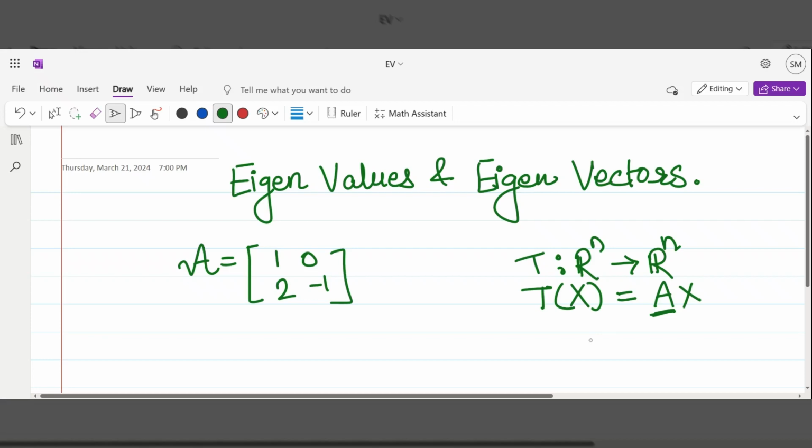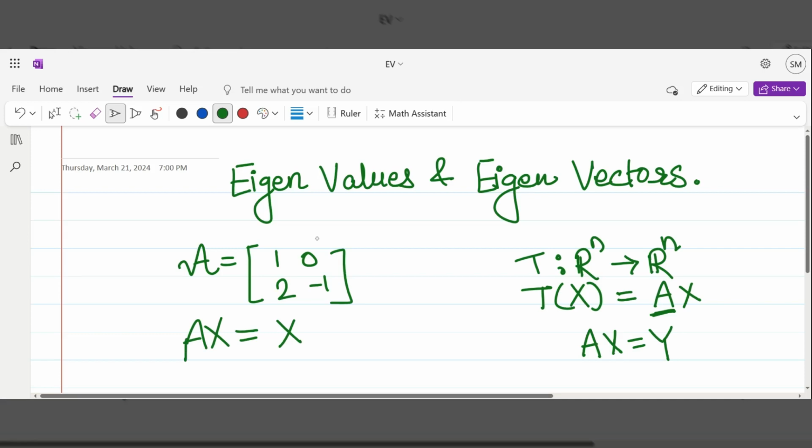So if I say A into x is equal to y, this y is the image of vector x when A is pre-multiplied to x. Now what if I put the condition A into x, I want x again. So are there any vectors in R2 such that A into x equal to x?